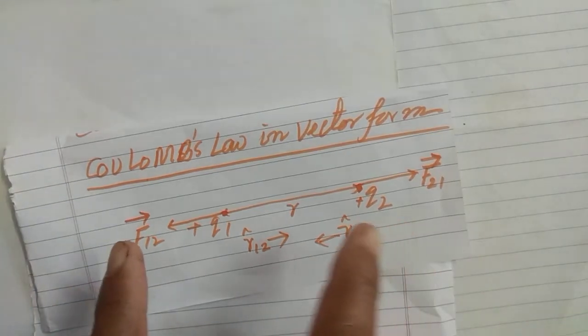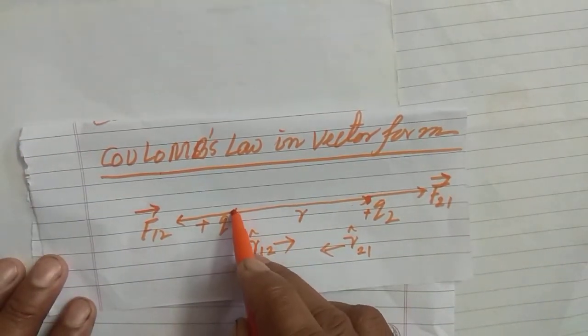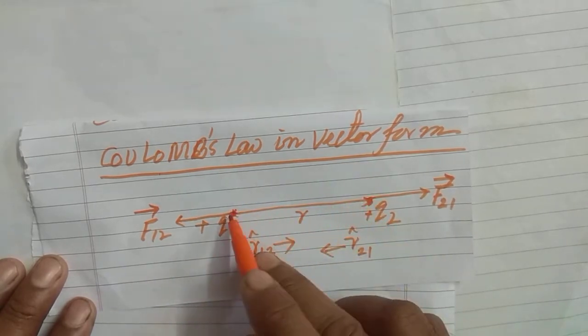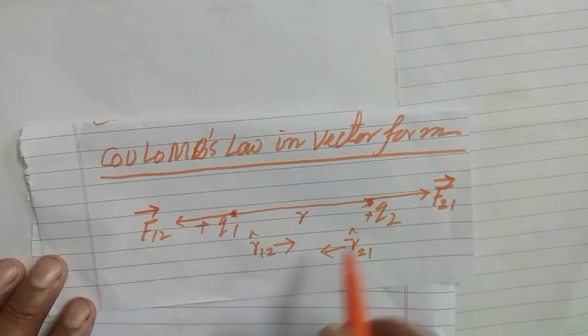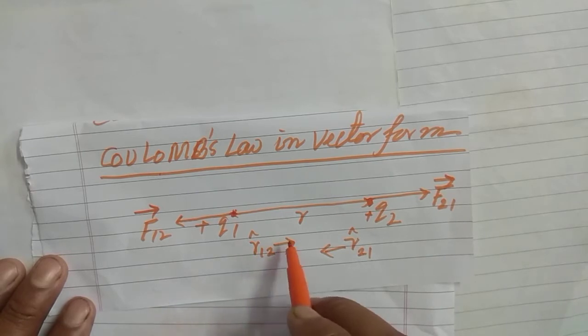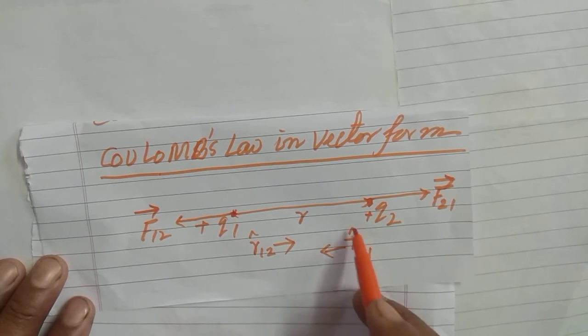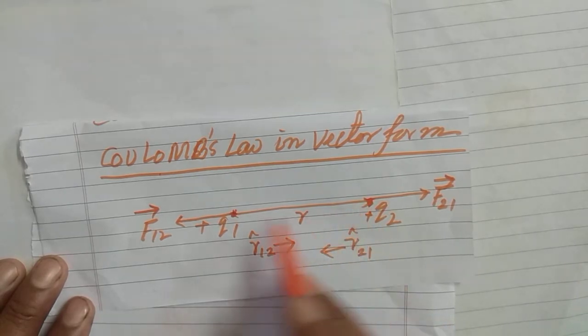So these two forces are acting away from each other, they will repel each other, and they are separated by a distance, say r, from each other. And r12 cap is the unit vector directed from Q1 to Q2. Similarly, r21 cap is the unit vector directed from Q2 to Q1.